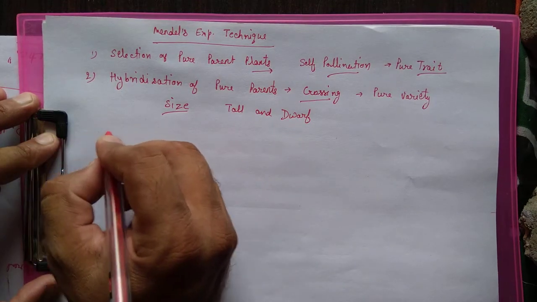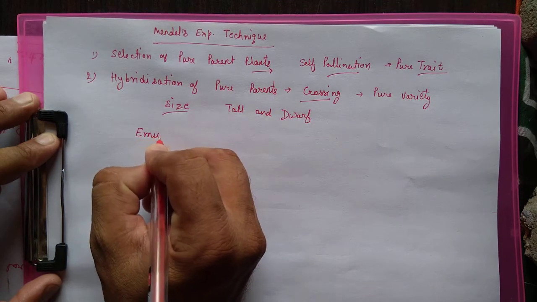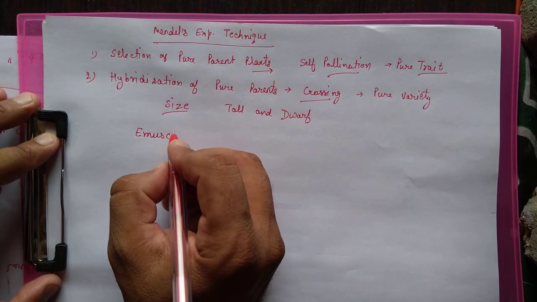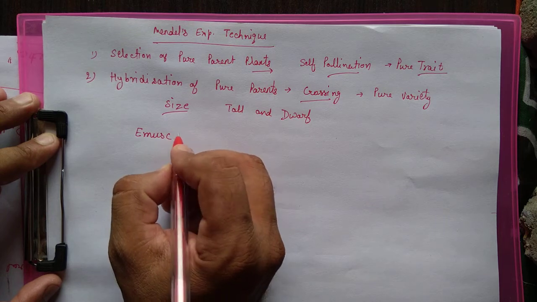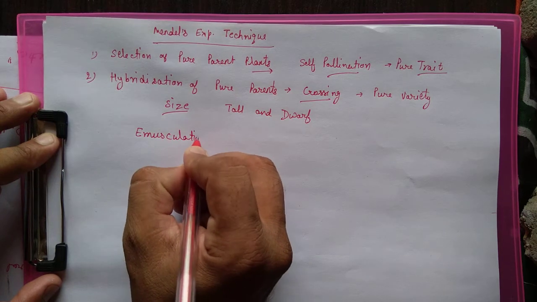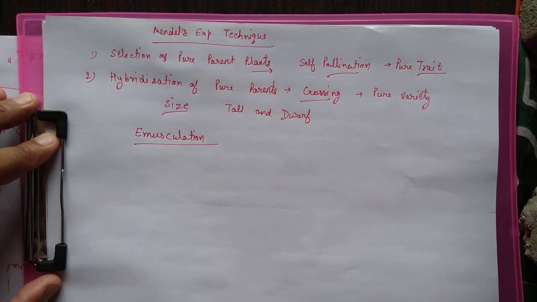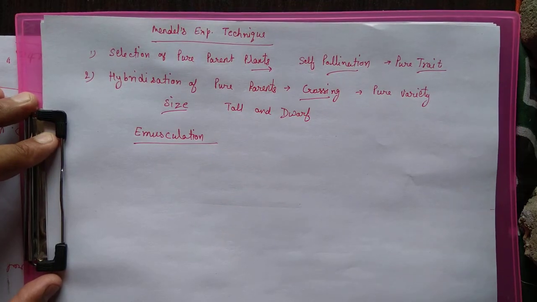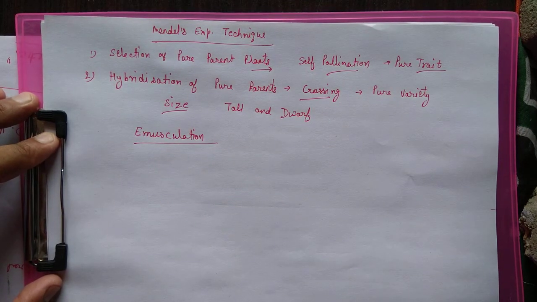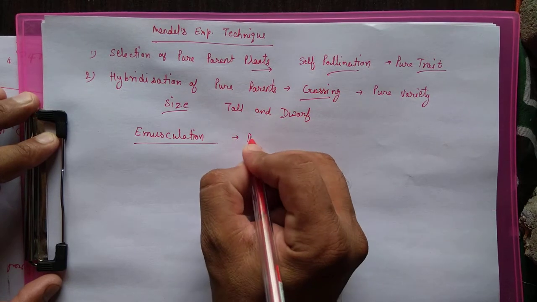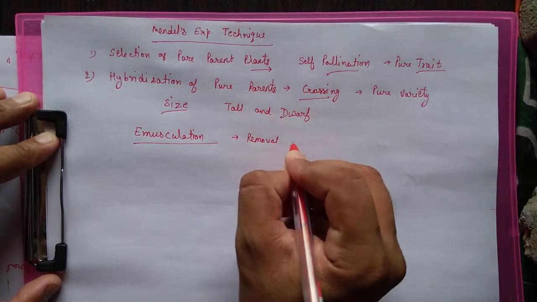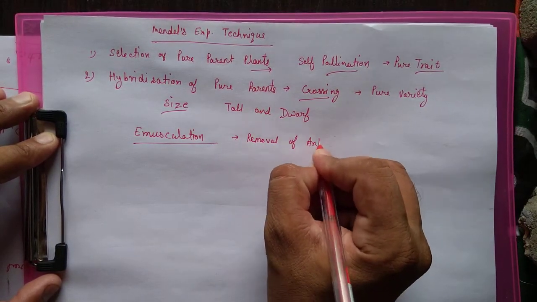For this he performed emasculation. In this process we remove the anther of a flower, means removal of anther.